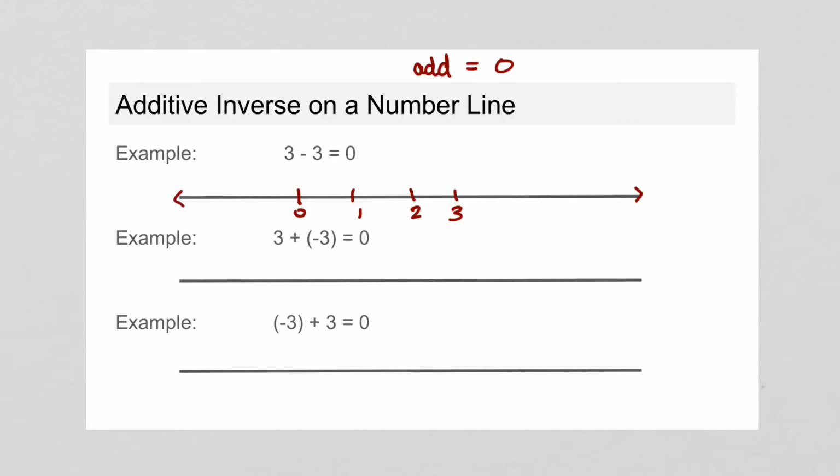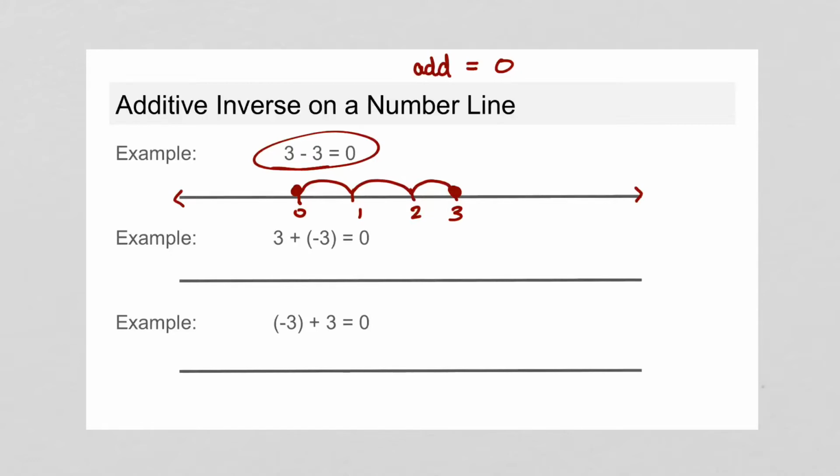Say we started at 3. We start at 3, and we subtract 3 spaces, 1, 2, 3, we end up at 0. So that makes sense. Those are additive inverse. 3 minus 3 ends up to 0.